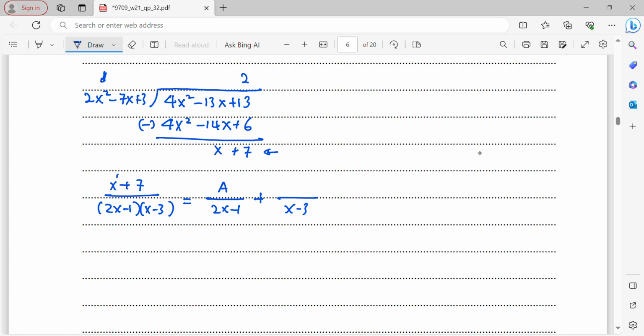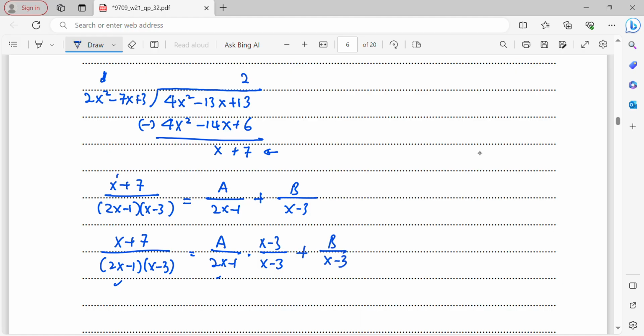And both numerators will be constants. Okay, so now the next step is to get the same denominator as in the left hand side. So now I need to times the first term with x minus 3, then divide by x minus 3 because I have 2x minus 1.